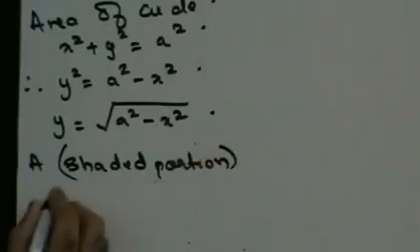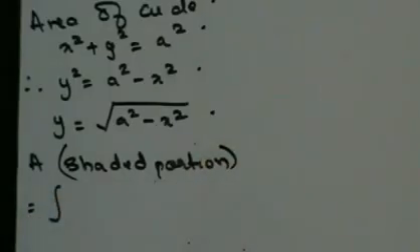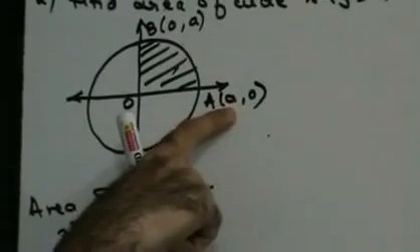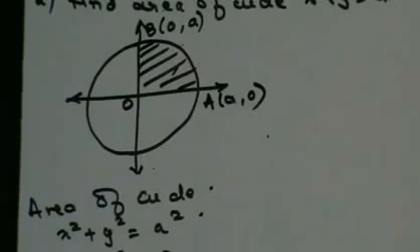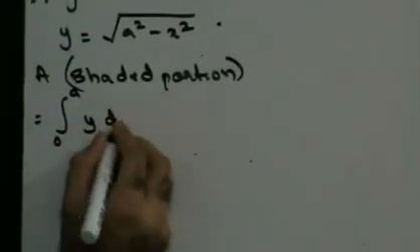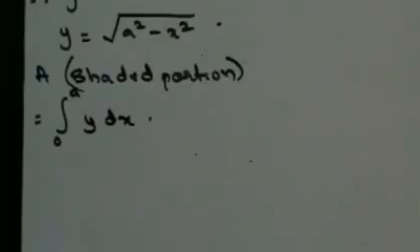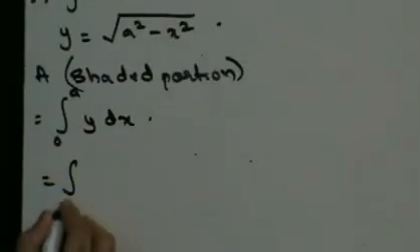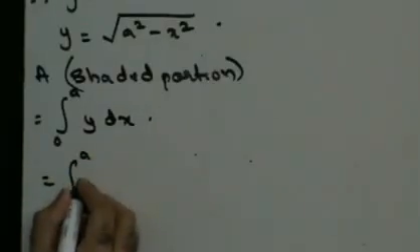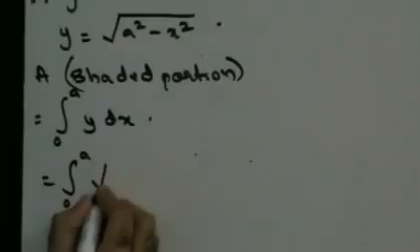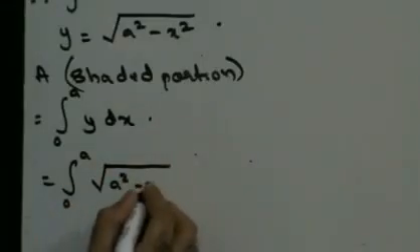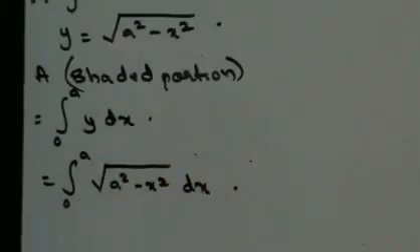Area of shaded portion in the first quadrant, integral of, from where is this area starting? From x is equal to 0. Where is it ending? At x is equal to a. I told you that the formula for area is y dx. So this is going to be 0 to a, integral of y, y is nothing but square root of a square minus x square with respect to x, right?